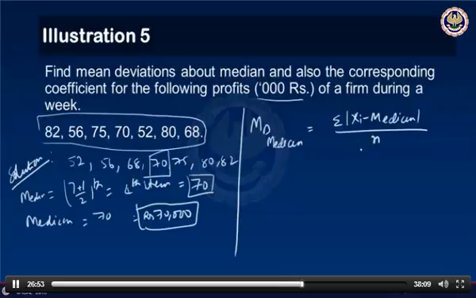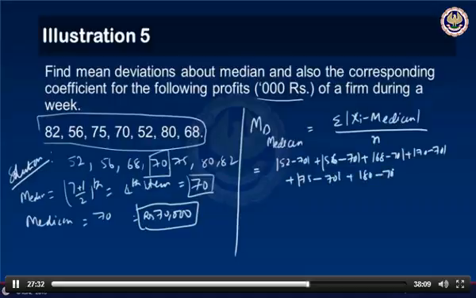For this data, median is 70: absolute value of 52 minus 70 plus absolute value of 56 minus 70 plus 68 minus 70 plus 70 minus 70 plus 75 minus 70 plus 80 minus 70 plus 82 minus 70.